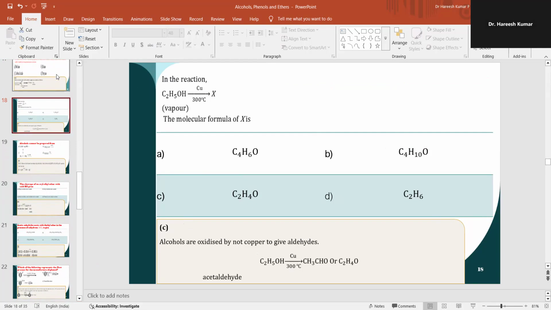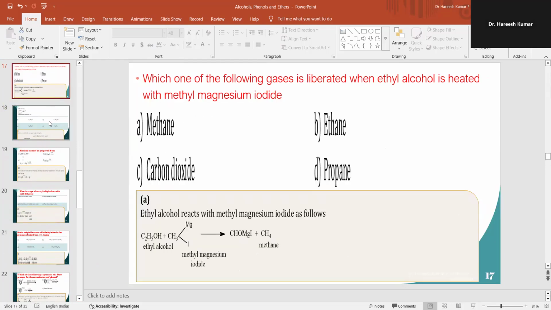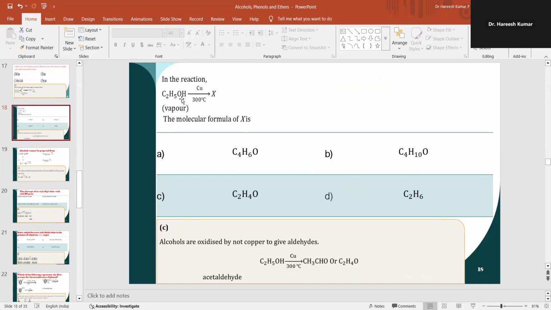In the reaction, ethanol treated with copper at 300 degrees gives a product called X. The molecular formula of X is... So here you can observe that alcohols are oxidized by hot copper to give aldehyde. That means aldehyde will be the product, C2H4O.